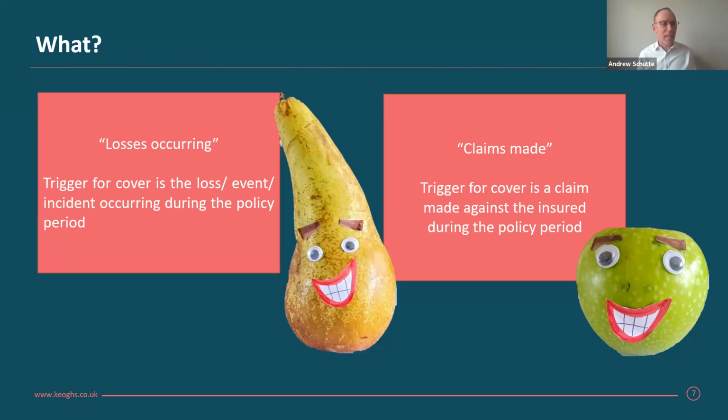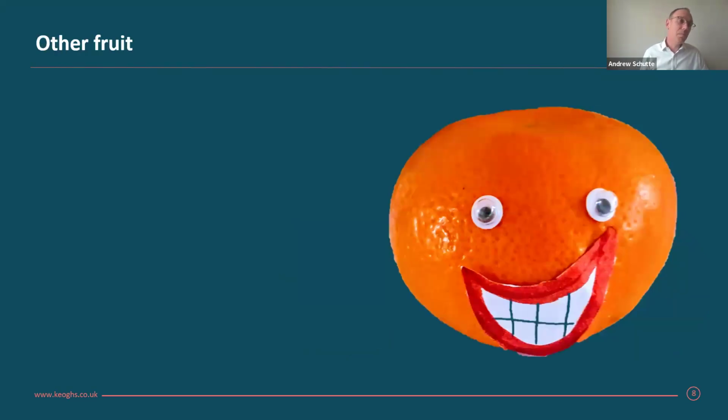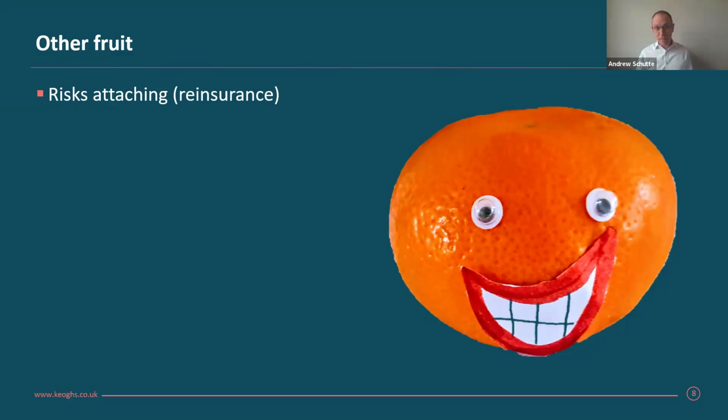But actually, before we get into that, I do want to say that that is not absolutely the only way that you can structure your policy cover. There are some variants out there. If we were talking reinsurance, frequently you wouldn't have losses occurring or claims made, although you can have losses occurring on particularly property reinsurance.